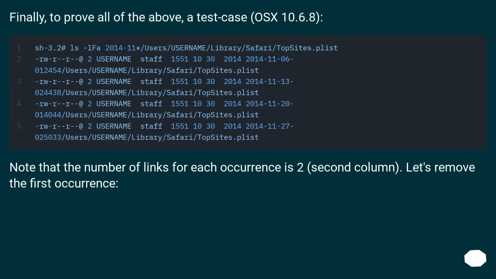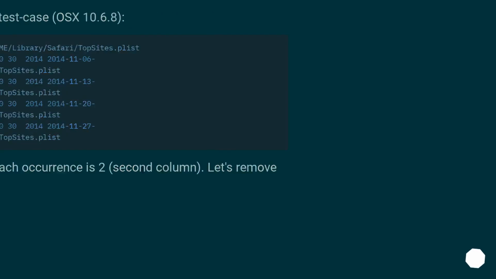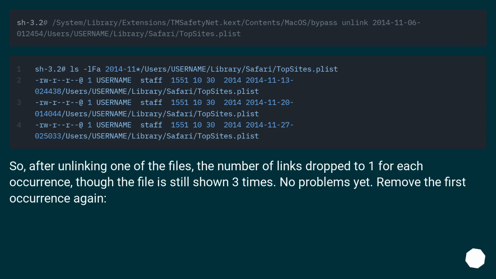Let's remove the first occurrence. So, after unlinking one of the files, the number of links dropped to 1 for each occurrence, though the file is still shown 3 times. No problems yet. Remove the first occurrence again.